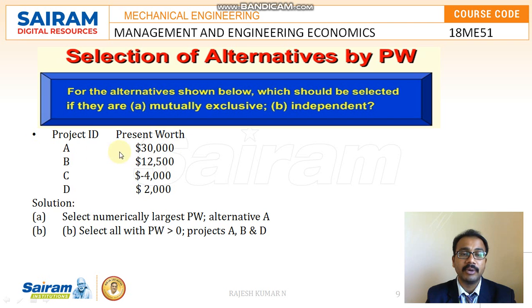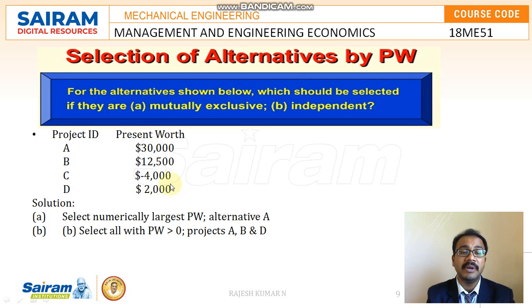For project A, it is $30,000, project B $12,500, project C -$4,000, and project D $2,000. So on what basis can I select and conclude whether it is mutually exclusive or independent? Always we need to select the largest numerical value as the present worth value.